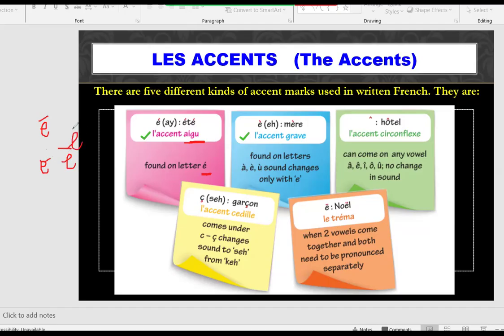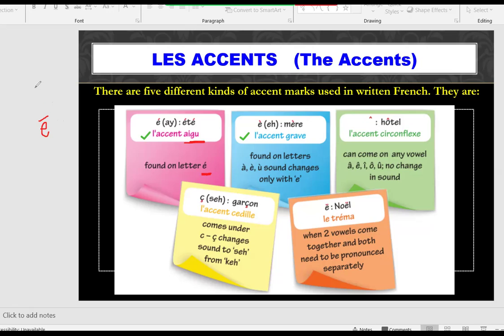Sometimes I see many times people put the accent like this, yahan pe. Sometimes it looks like an apostrophe. So no, not here and there, okay? All the accent marks have to be above the letter, okay?